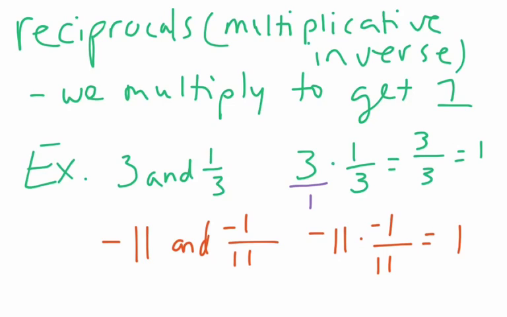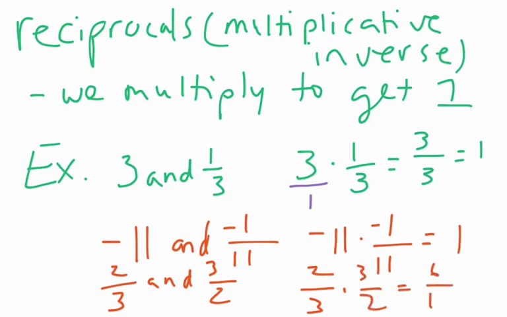So reciprocals are when you flip them. It's a little bit easier to see with straight up fractions. So 2/3 and 3/2, when you multiply those together, you get 6 over 6, which is 1. So opposites are when we are just changing the sign. Reciprocals are when we flip them over.